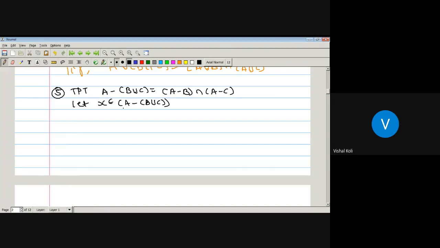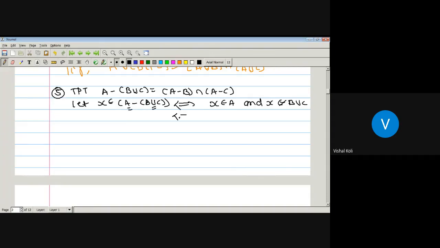Okay, so here X is an element which belongs to the difference of two sets A and B union C. Then by the definition of difference of two sets, if A and B are any two sets, then A minus B contains all those elements which belong to A, but they are not members of B. As here B is nothing but B union C, therefore X belonging to A minus (B union C) contains all those elements which are members of A, but they are not members of B union C, which implies X belongs to A and X does not belong to B union C. Okay, and if X belongs to A and X does not belong to B union C, then it implies X belongs to A minus (B union C), which is again by the definition of difference of two sets.